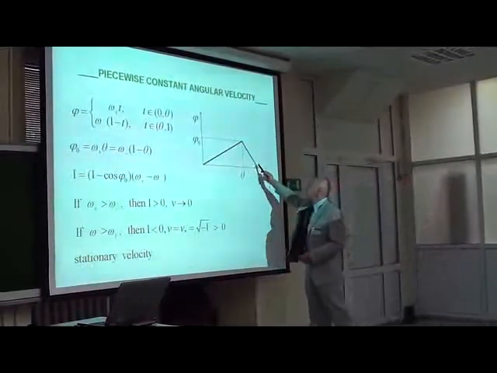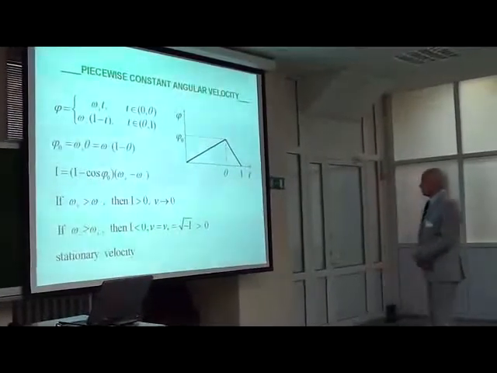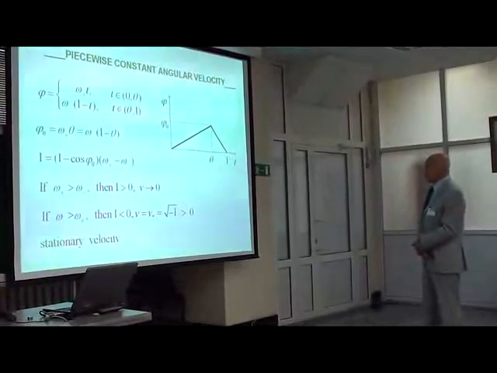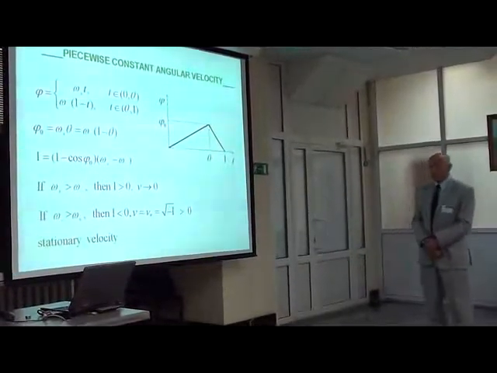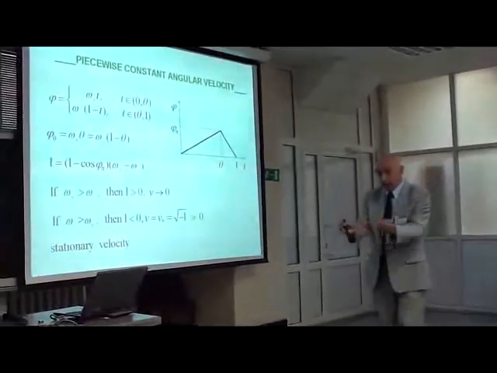You can see here the picture corresponds to this case where omega minus is higher. This is the steeper part of this time history, and then there is stationary velocity. So the first conclusion is that you must deflect slower than retrieve.